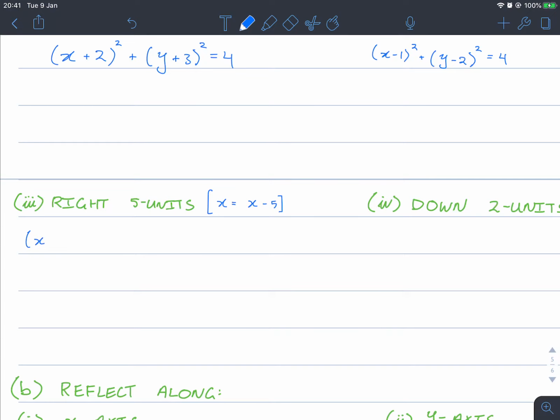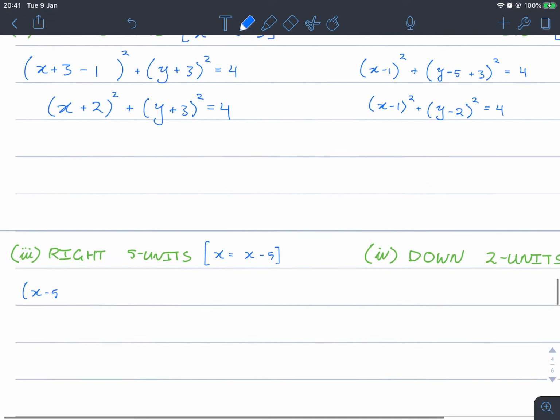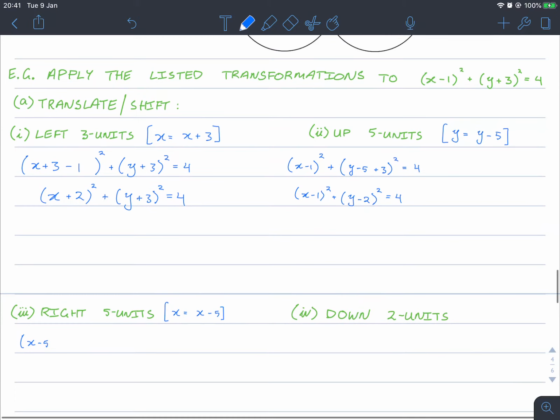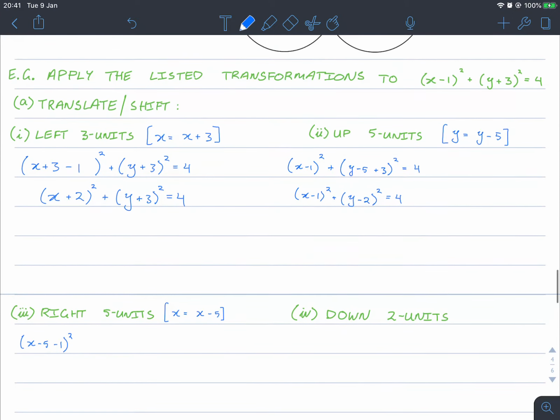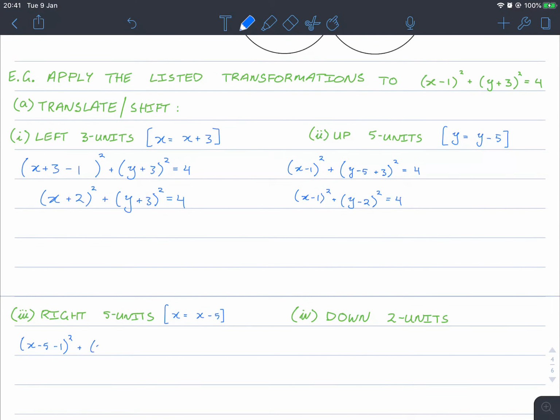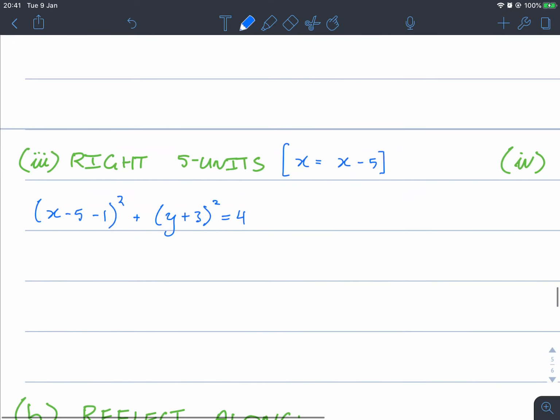So it's going to be x minus 5, and the original was minus 1, so x minus 5 minus 1 squared, and everything else stays the same, plus y plus 3 squared equals 4. Evaluating, we get x minus 6 squared plus y plus 3 squared equals 4.